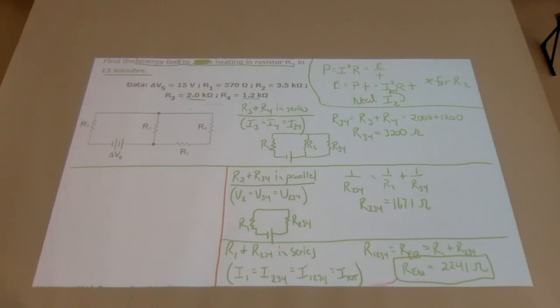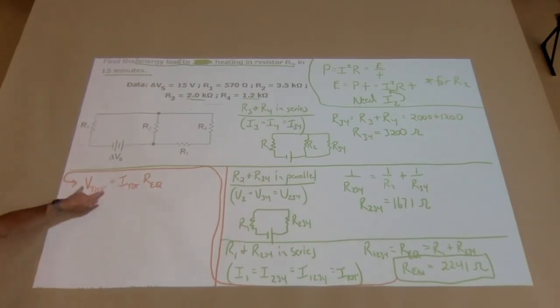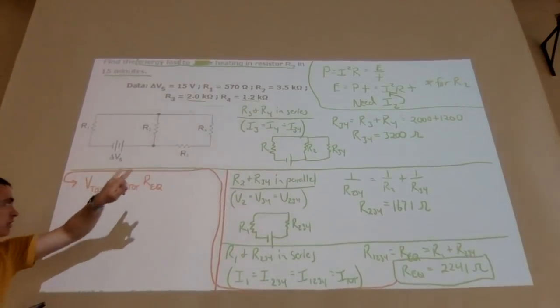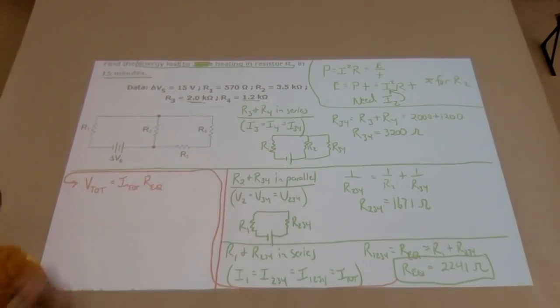So I'm going to take this, right here, REQ, and I'm going to use this in an equation for the entire circuit, which is Ohm's law, and everything here is about the total. So we're talking about the circuit as a whole: the total voltage, the total current, the total resistance, okay?